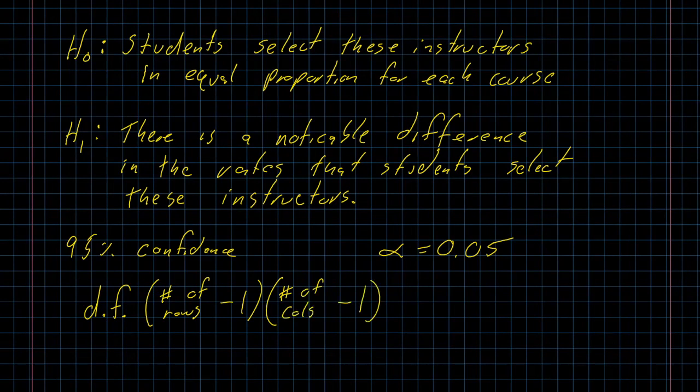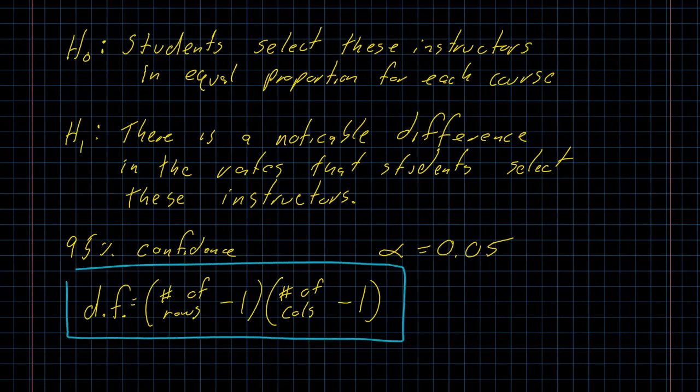So we are going to want to take the number of rows minus 1 and multiply by the number of columns minus 1. That is always the number of degrees of freedom, no matter what you are looking at.